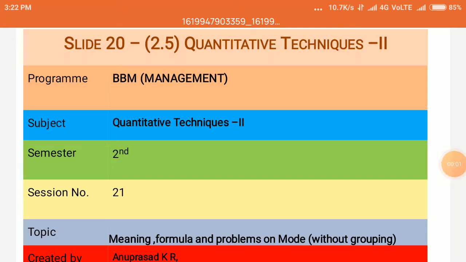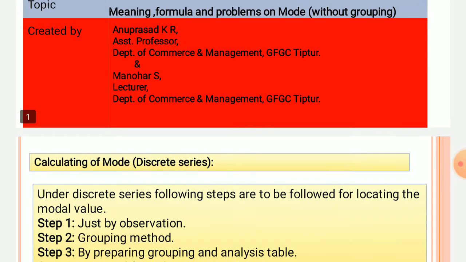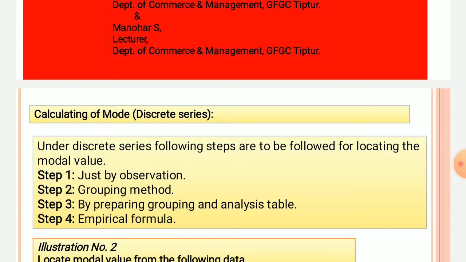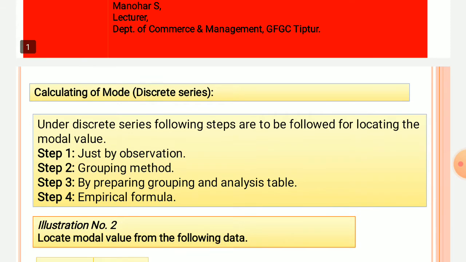Here we have been solving problems on mode for discrete series and the continuous series. The mode can be calculated for discrete series and continuous series. Under discrete series, the following steps are to be followed for locating the modal value. Step one, just by observation.